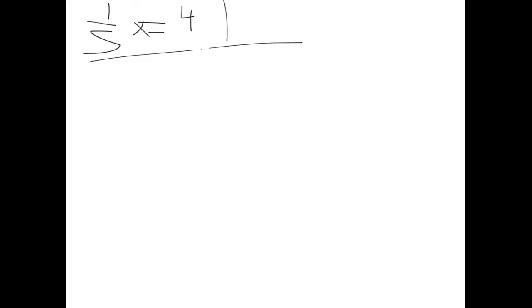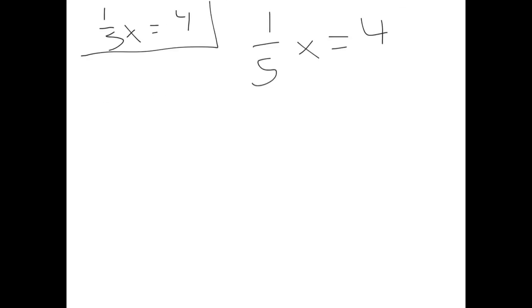Okay, let's solve this equation. We have 1 over 5 x equals 4. We must multiply 1 over 5 by each side. Cancel out. Okay.